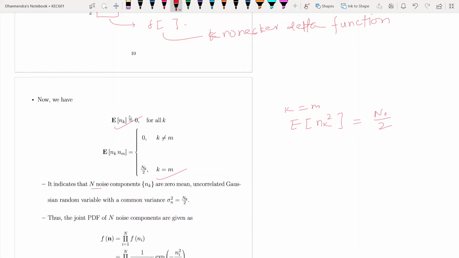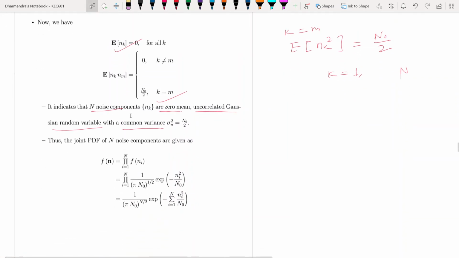So it indicates the noise components are zero mean uncorrelated Gaussian random variables with the common variance N_0 by 2. For each noise component, the mean will be 0 and the variance will be N_0 by 2. So let us write the joint PDF of the N noise components, because n is a vector, capital boldface N.